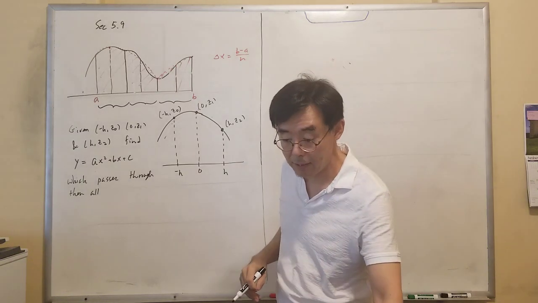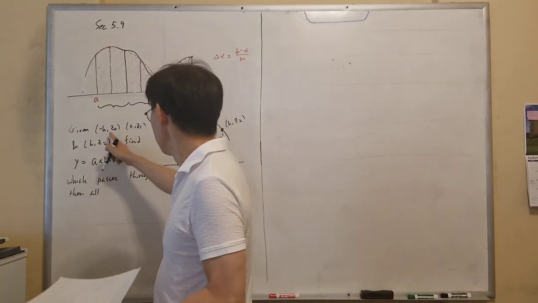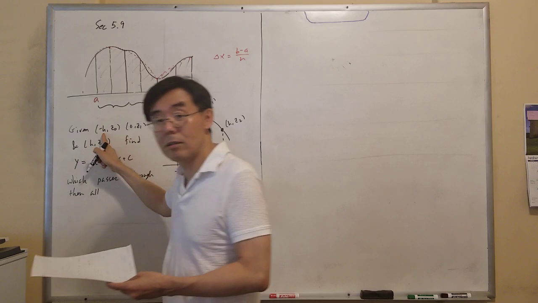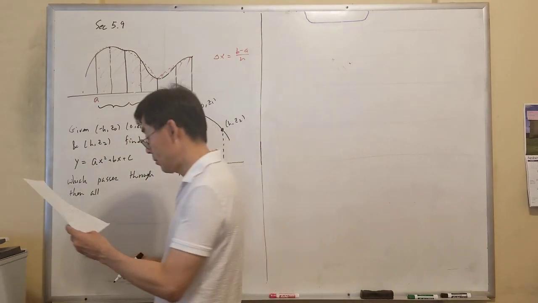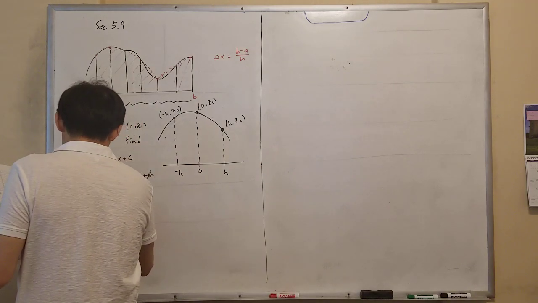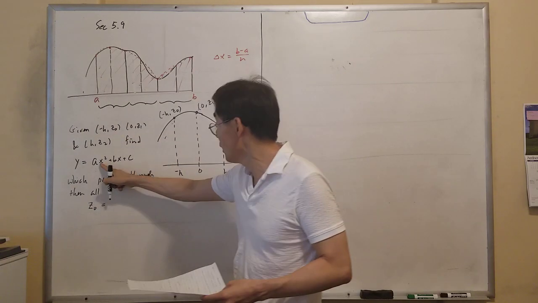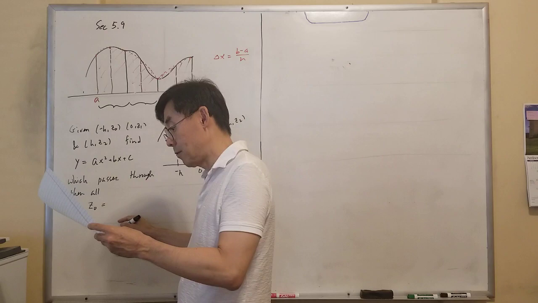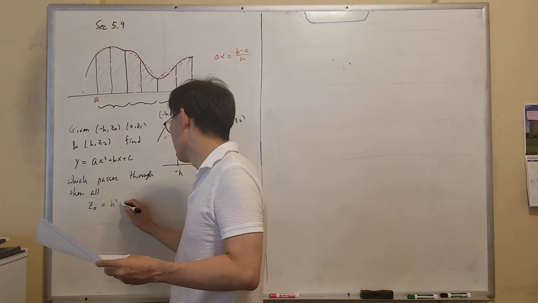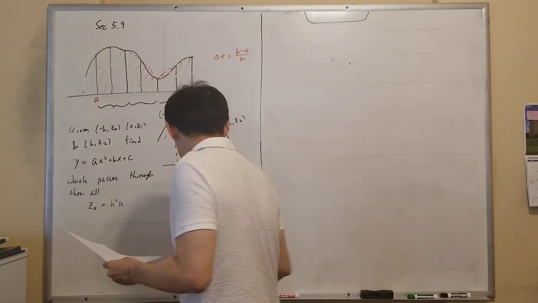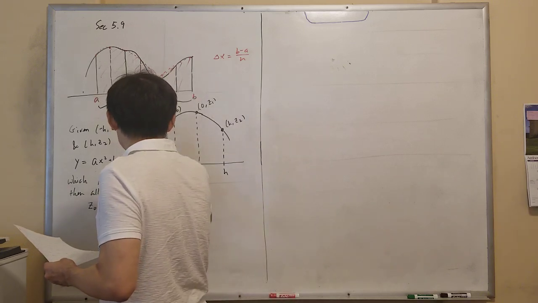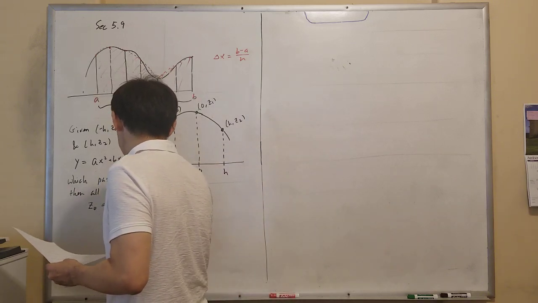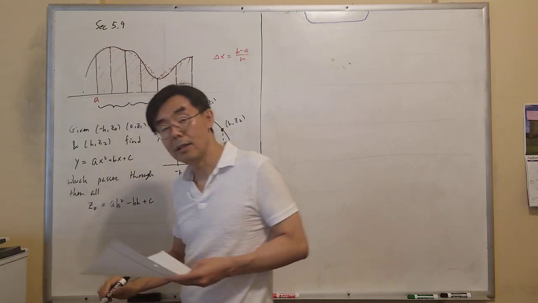Now, by plugging in, the first condition: when x equals negative h, y equals z0. So you'll have z0 equals a times (minus h) squared, which is just h squared, minus bh plus c.